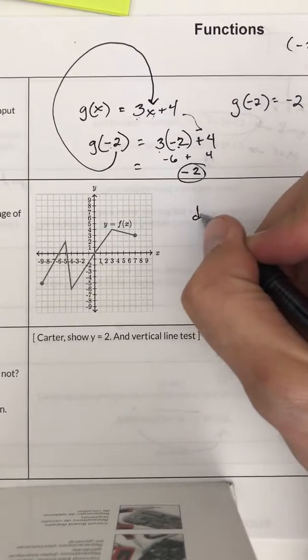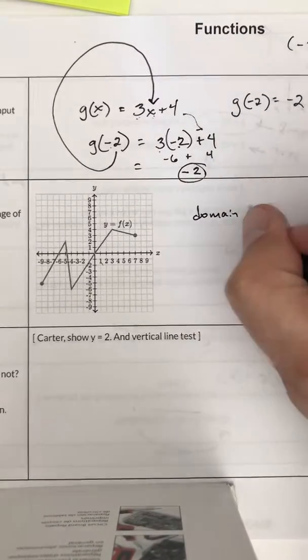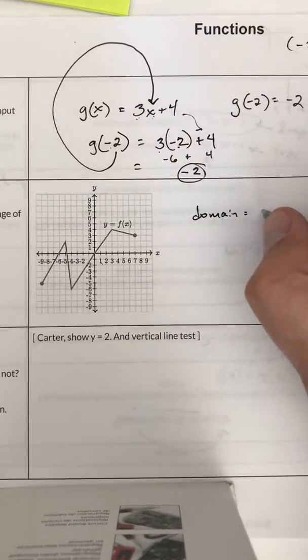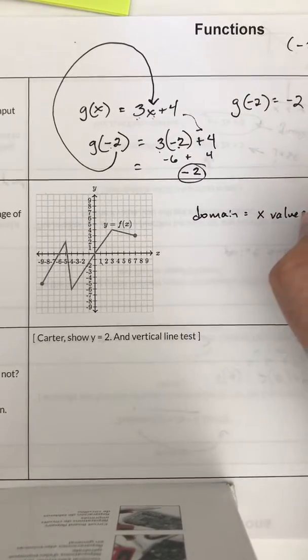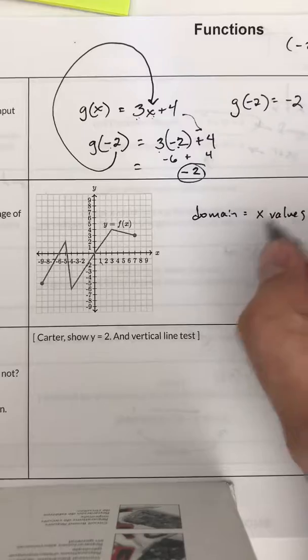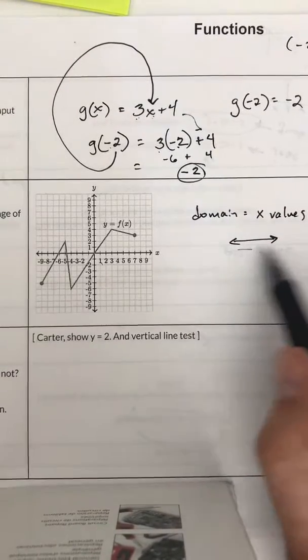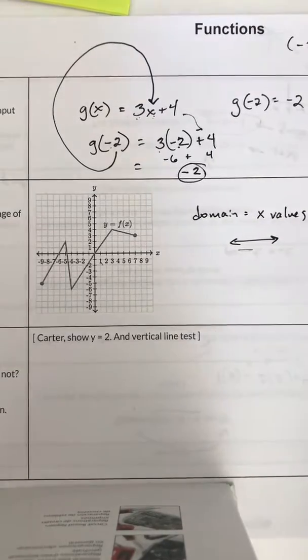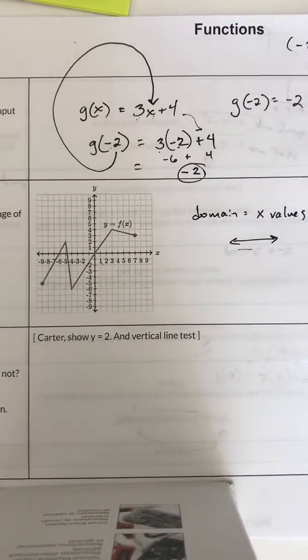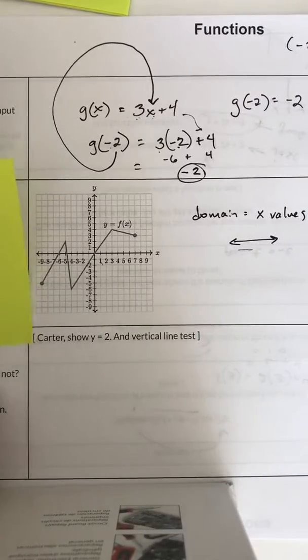The domain, those are all of the x values. So how much space is covered by the function side to side? That's the domain. So what we do is we identify where the function starts and ends.